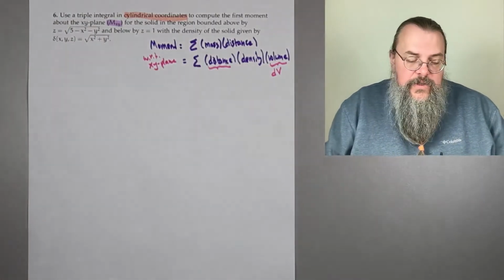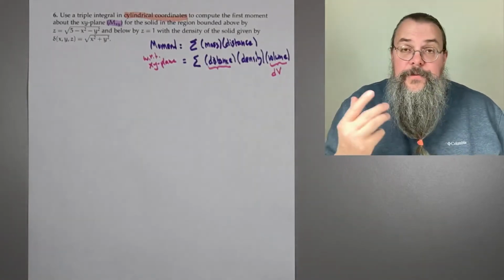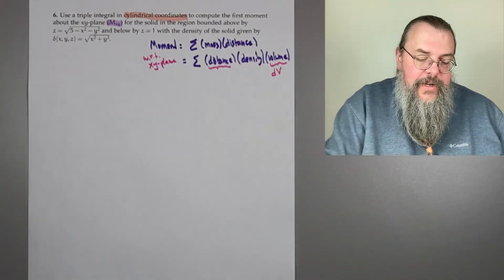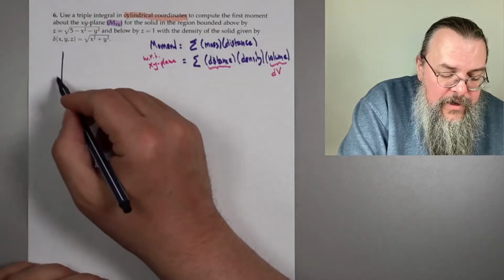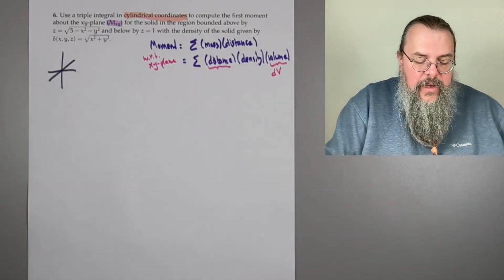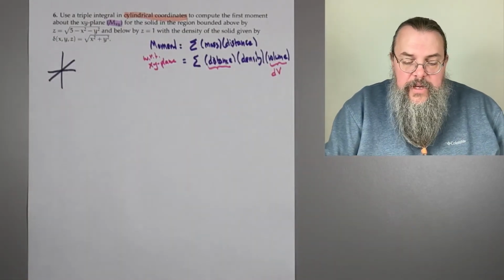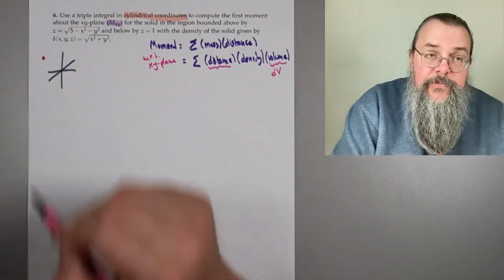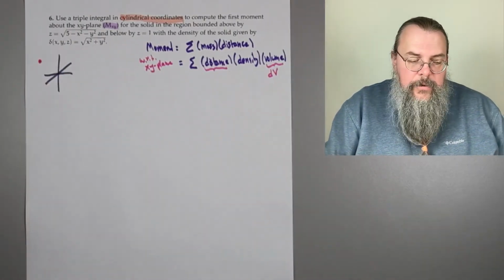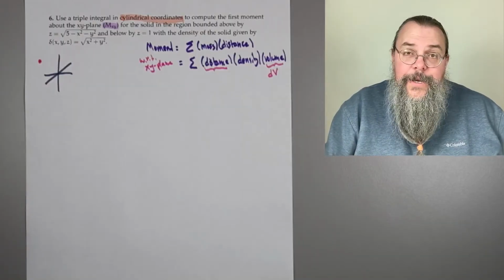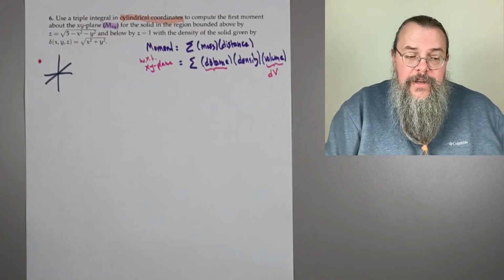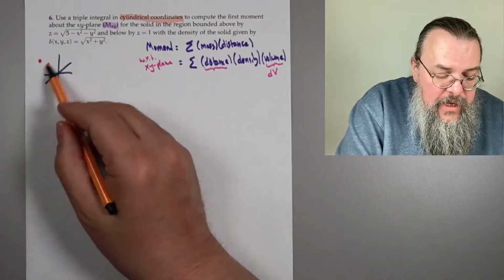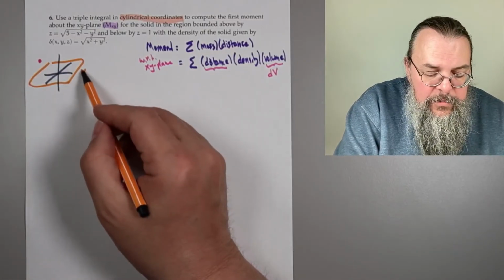So let's do a quick sketch of space. And here we are. I'm in my space, and I'm at a point somewhere in space. Now I say, how far am I from the xy plane? The xy plane, that's this part down here.